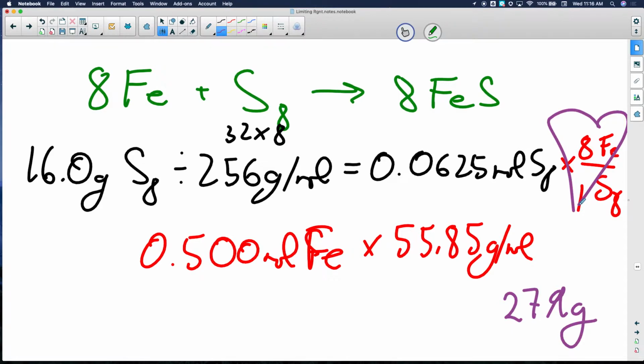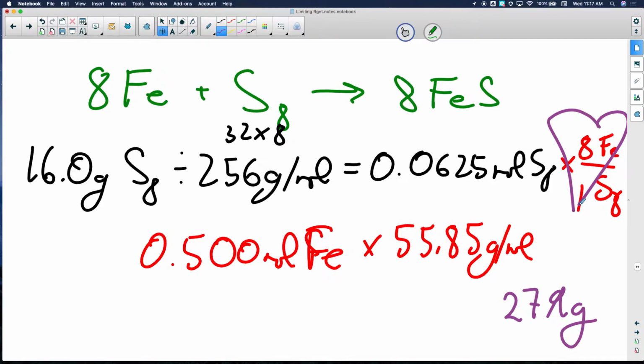Oh, we just did it. We got 0.5 moles and then we multiplied by 55.85. Leo is starting from here. He's putting iron on the bottom and FeS on the top. For every 8 FeS, there's iron.